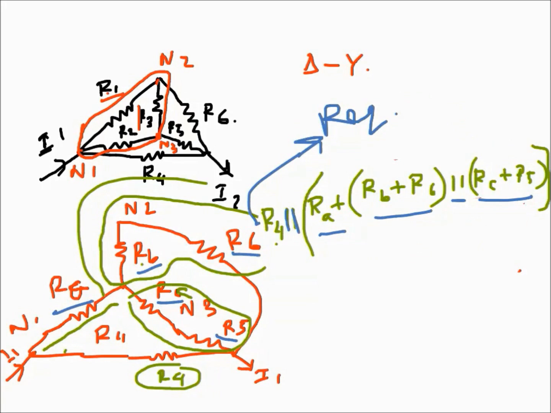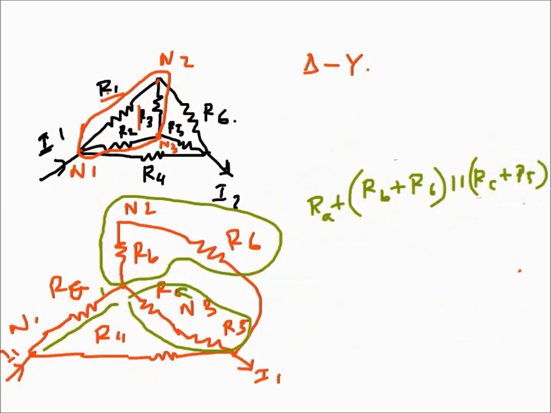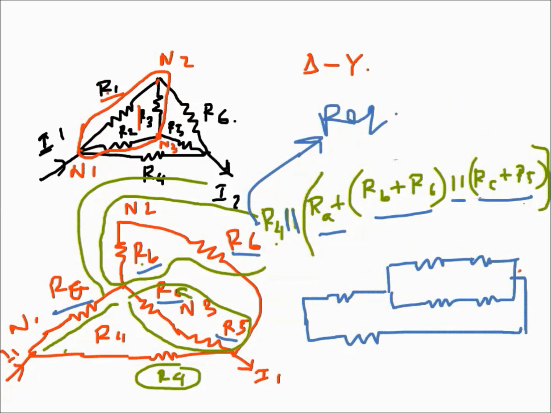When a battery is connected to it, it will be something like this: RA here, and then this thing, this thing, and this whole thing is again connected with R4. This is I1 here, and this is also I1, both have to be I1.